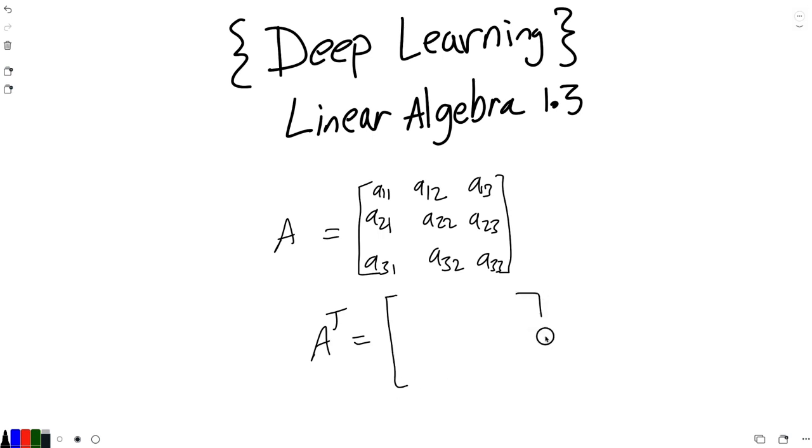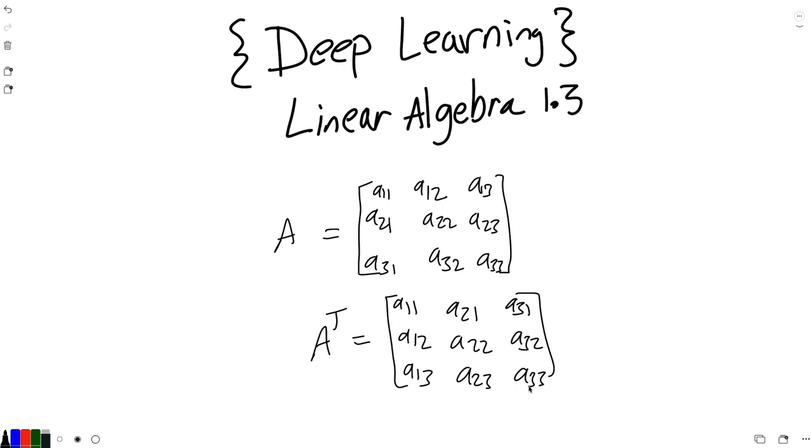So this row becomes a column: A11, A12, A13, and this one becomes A21, A22, A23, and also this one goes from row to column, so it becomes A31, A32, and A33.